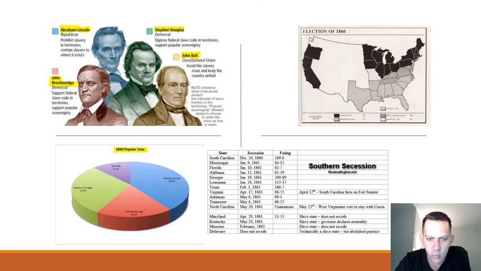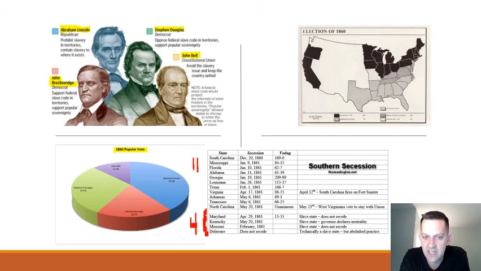Let's move next door. So let's highlight something here. The Confederacy had 11 states in it. There were 4 slave states that never left the United States. In history, we call Maryland, Kentucky, Missouri, and Delaware border states. So during the Civil War, there were 4 slave states that did not leave.